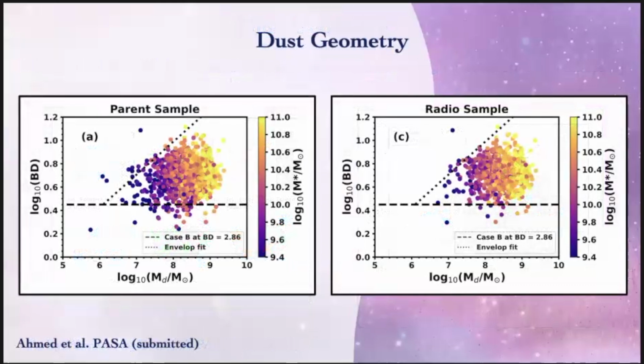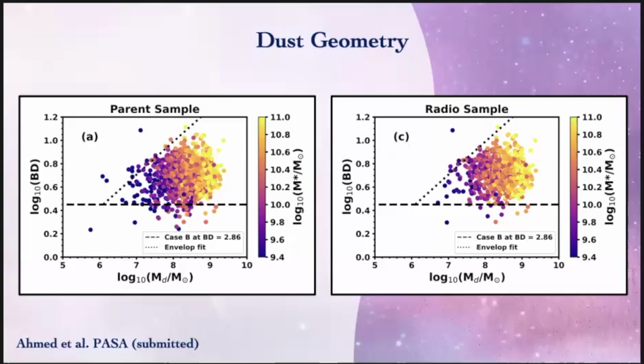And next, using our data, we tried to plot the same distribution. So I plotted here both the optical parent sample and the radio sample for the Balmer decrement and dust mass distribution. The horizontal dashed line is the Balmer decrement nominal case B value of 2.86.